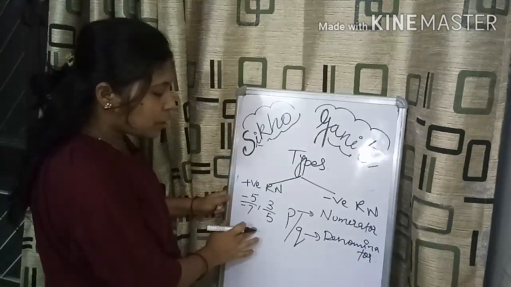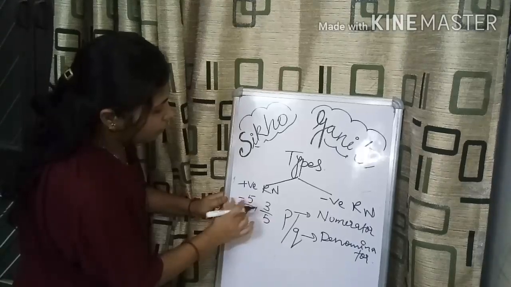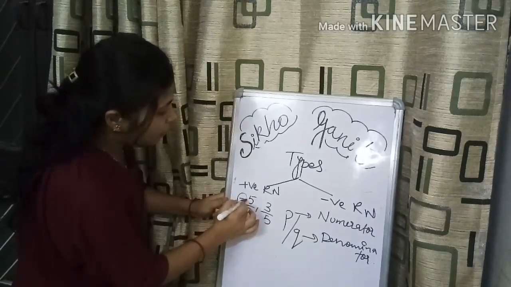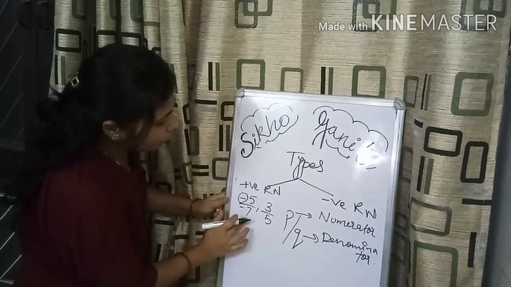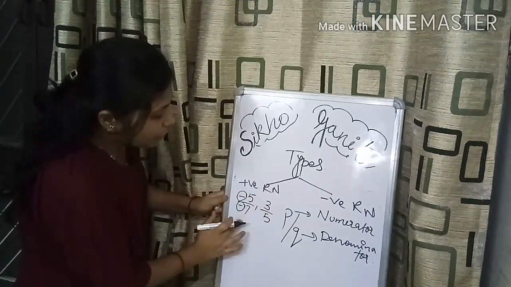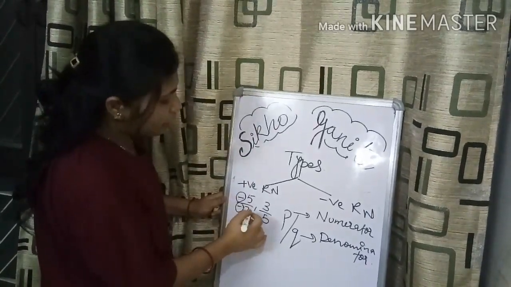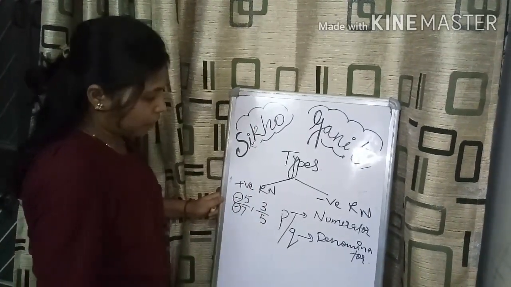Why are these positive rational numbers? Because here the sign of 5 is minus and the sign of 7 is again minus. Means the sign of numerator as well as sign of denominator both are same. That's why it is a positive rational number.